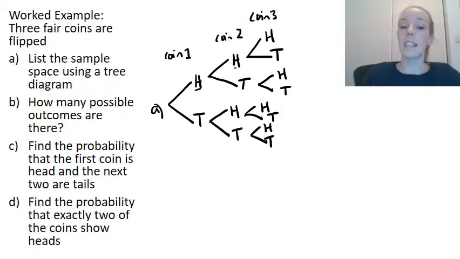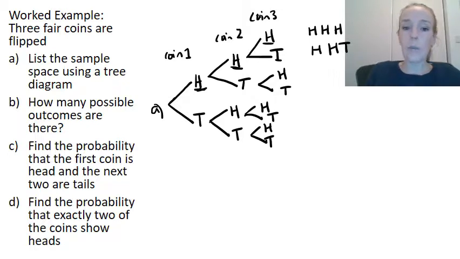Now we list our sample space. We just follow the branches. We're following the first branch there, heads, heads, heads. Our sample space would be heads, heads, heads. Or we could have got heads, heads, and then tails. Heads, heads, tails. So you're just following each of the branches. You could have got heads on your first one, and then tails, then heads again, heads, tails, tails.